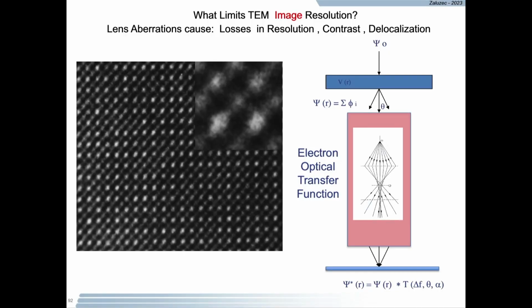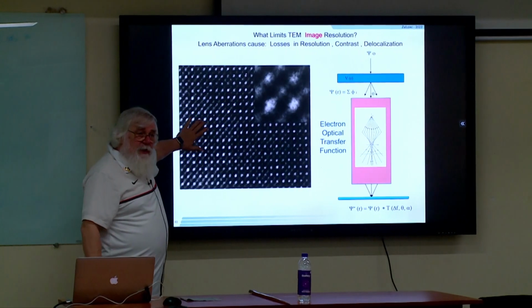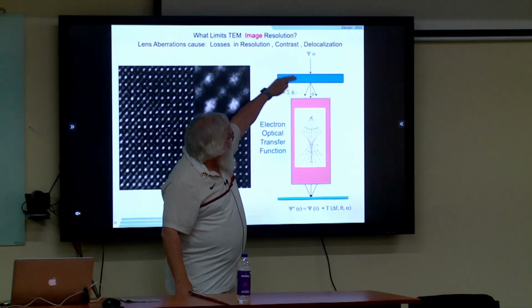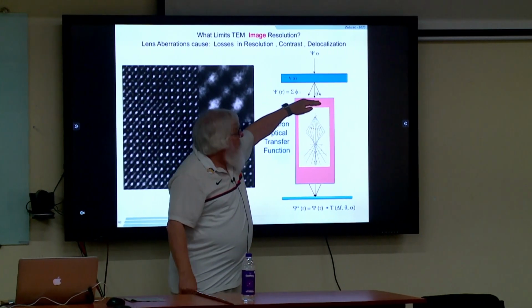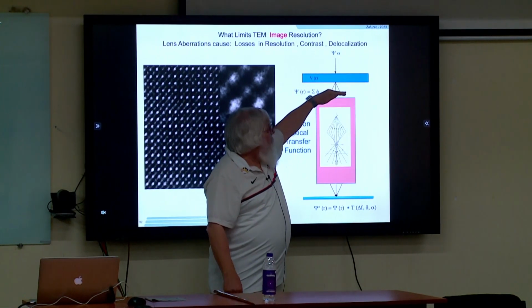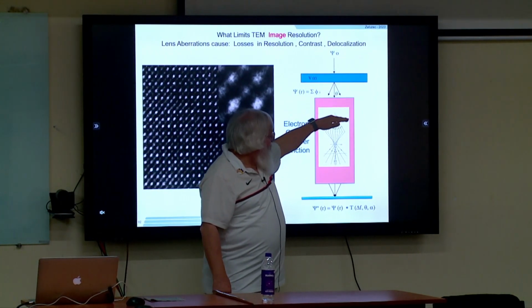So, what limits TEM image resolution? First thing I was talking about is the probe. Now we've got an image, and I want to get a high resolution image. What's limiting the resolution here? The fact that we have a sample, we have electrons scattered through the sample, they're scattered through certain angles. Those scattered electrons now go through another lens system.